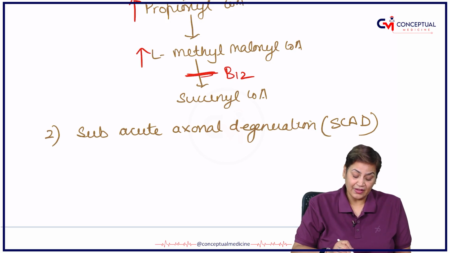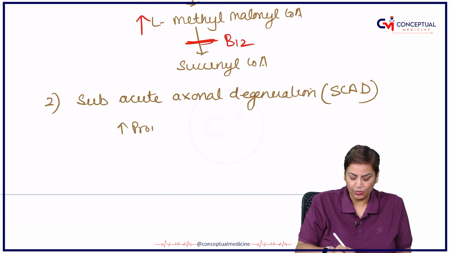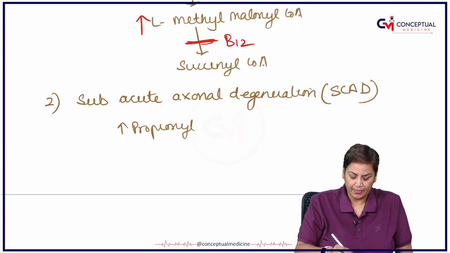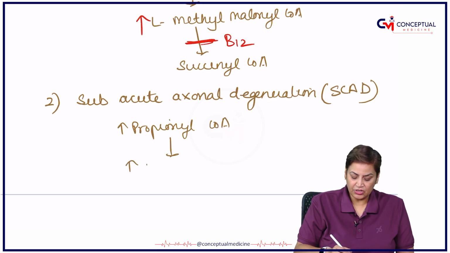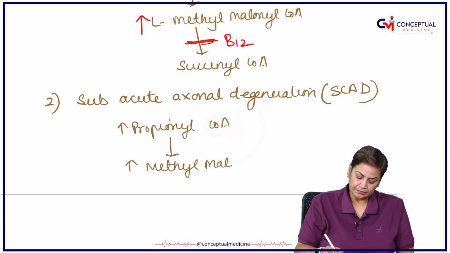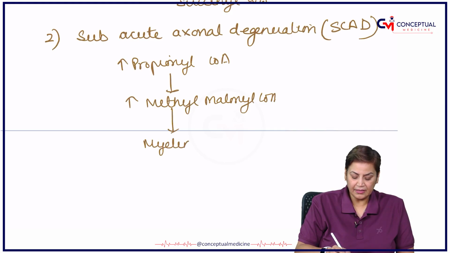Okay, that is why it will lead to this. So I will just write it here also, that there will be increased concentration of propionyl CoA, right? Increased concentration of methylmalonyl-CoA, and it will lead to increased myelin sheath breakdown.